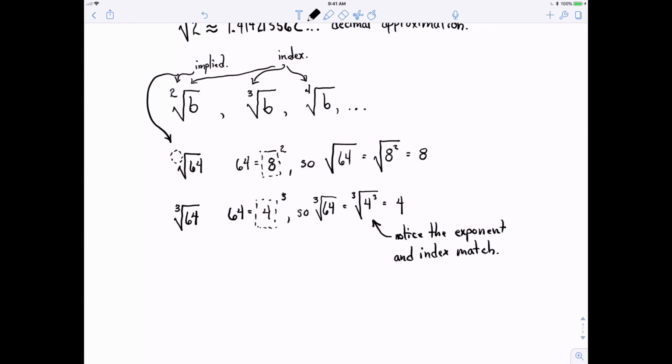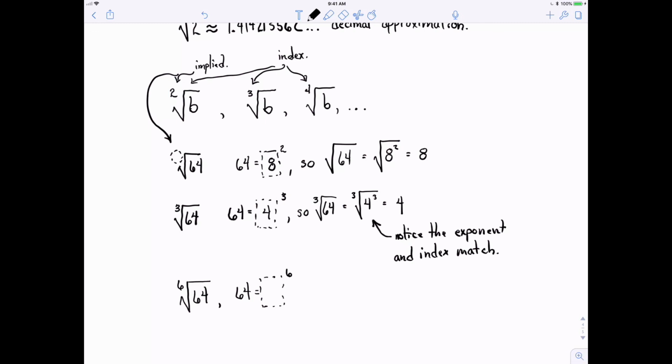Let's try one more example for 64. Let's go so far as to try the sixth root of 64. In other words, what you're looking for is, if you have the number 64, can you write it as some number raised to the 6th power?